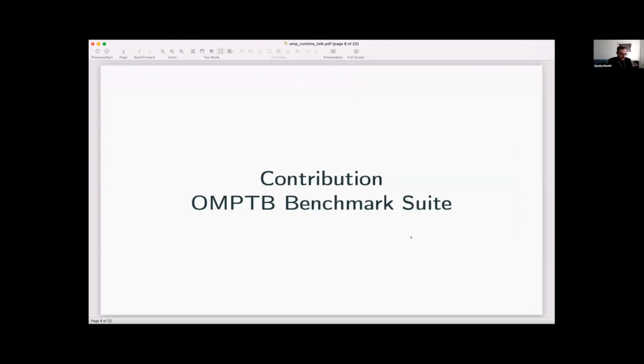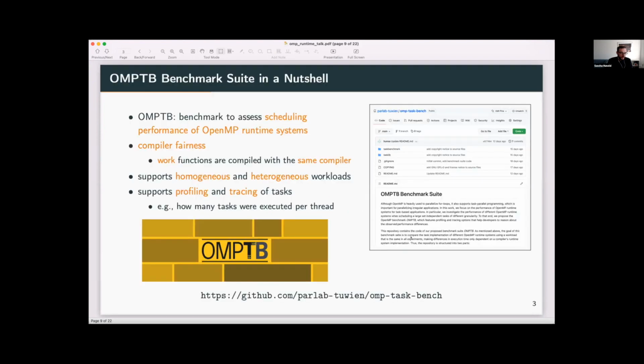So our contribution here to this conference is this OMPTB benchmark suite. And what does it do? So you can check it out here on this link on GitHub. It's a benchmark to assess the scheduling performance of OpenMP runtime systems. And what we took care of is what we call compiler fairness.